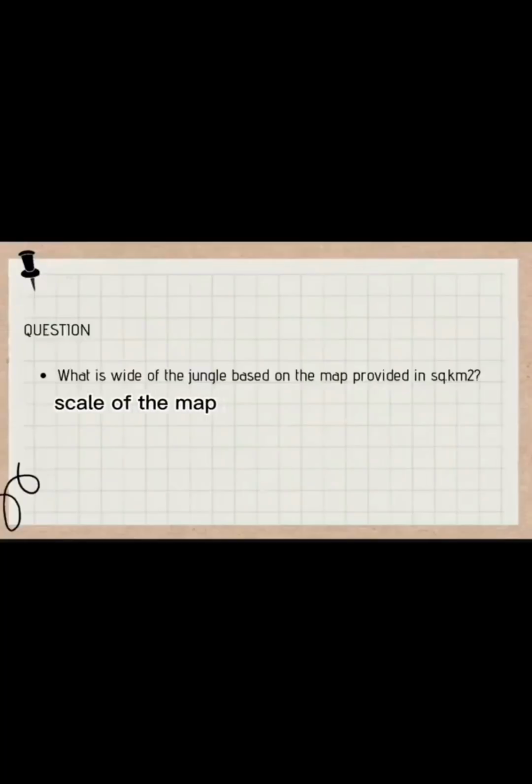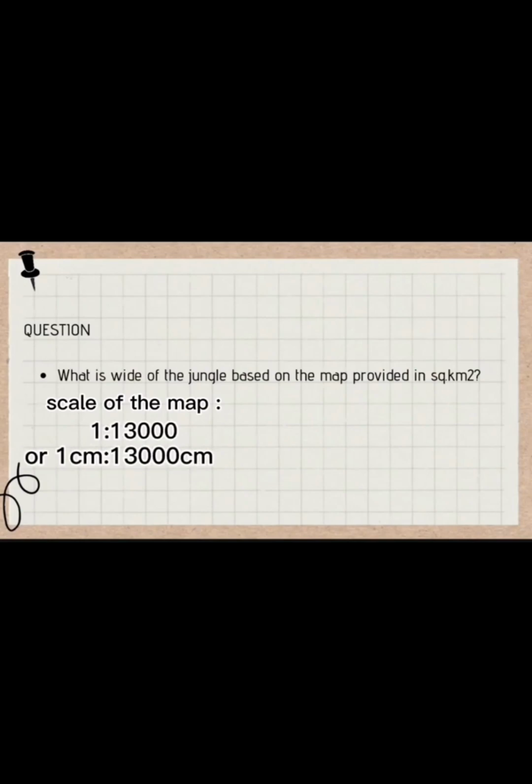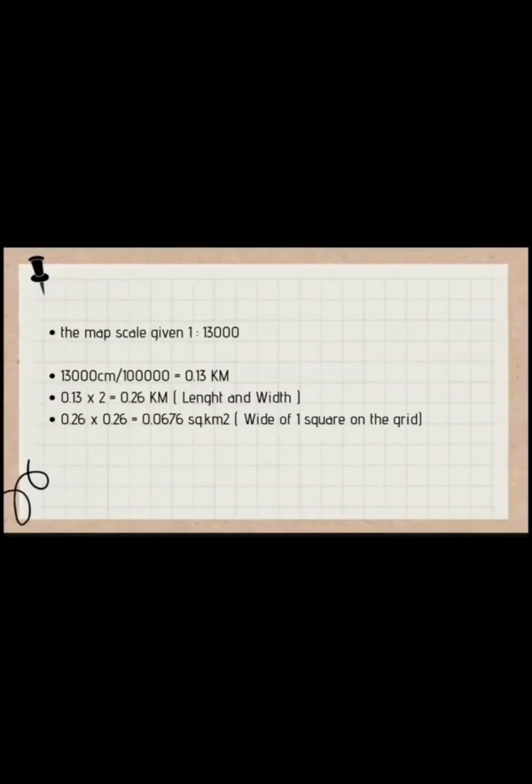Firstly, based on the map scale given, 1 equals 13,000, we need to find the actual width and length of the grid on the map. Alright, the grid on the map is represented by 2 centimeters multiplied by 2 centimeters. 1 is 13,000 need to be converted into kilometers, which is 13,000 divided by 100,000, and we get around 0.13 kilometers, and multiply it with 2 centimeters, and we get 0.26 kilometers for the length and width of the grid.